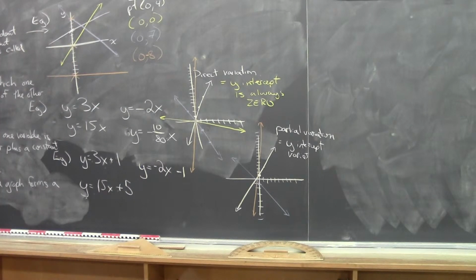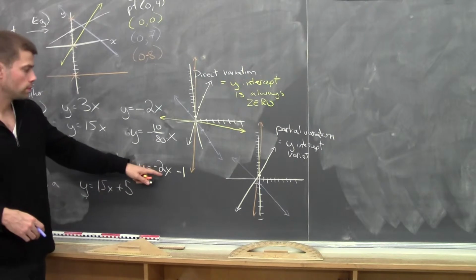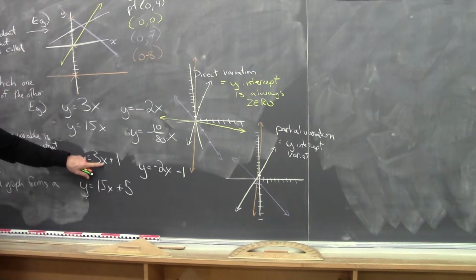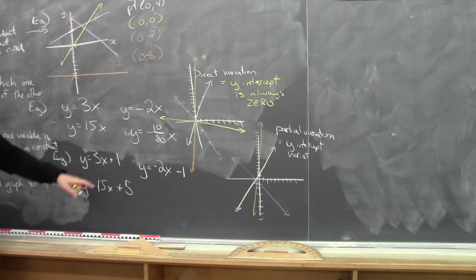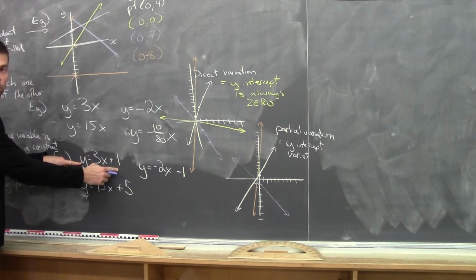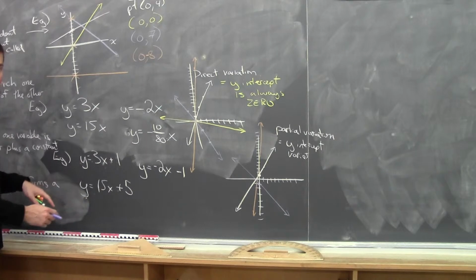Sir, if x is equal to 0, wouldn't all those things like the y-intercept, wouldn't they still be 0? No, because look, plug in 0 for x here. So you get 3 times 0 plus 1. So what's y? Yeah, this goes away, but your y is still 1. Okay? Oh, okay, now I get it.